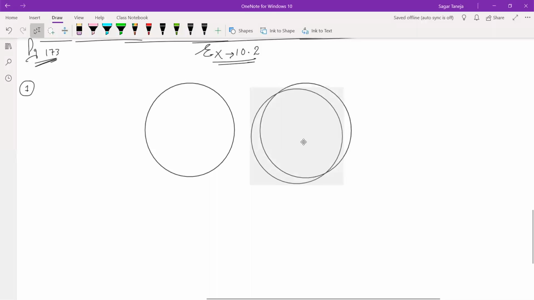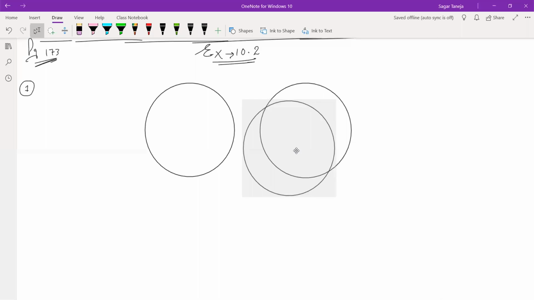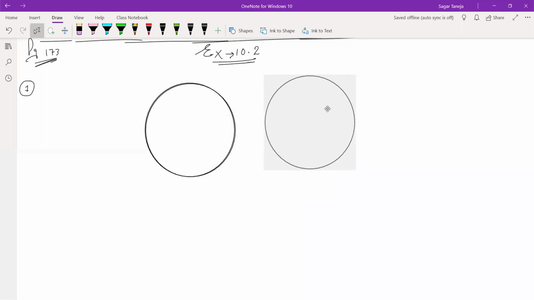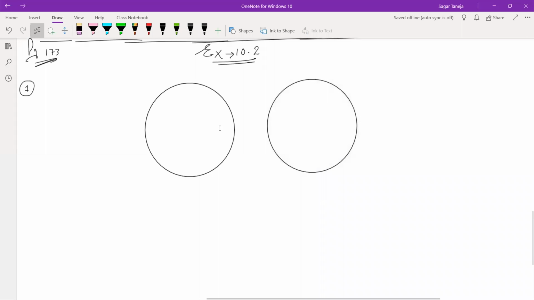So some have written radius is equal, some have written same diameter. Okay, so those who are writing diameter equal or radius equal, they are correct. So approximately I have made two congruent circles with same radii.